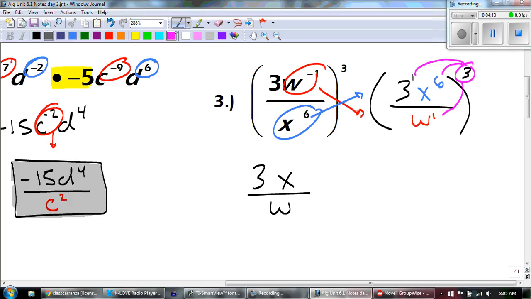So my new exponents, 1 times 3 is 3, 6 times 3 is 18, and 1 times 3 is 3. And the only thing that's left is I need to do 3 to the 3rd power. So 3 times 3 is 9, 9 times 3 is 27, x to the 18th, w to the 3rd.